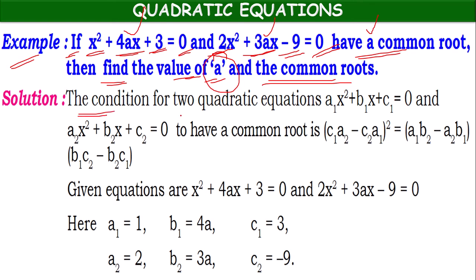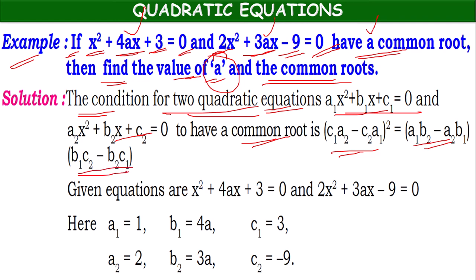So the condition for two quadratic equations having a common root is this condition. Just now we have proved. But the given equations are these two.